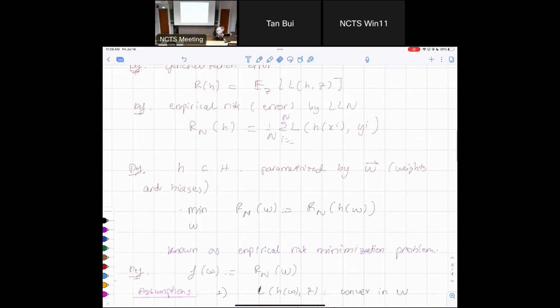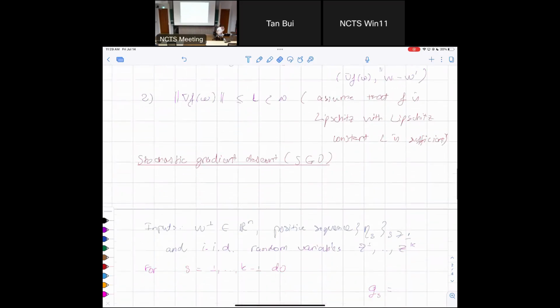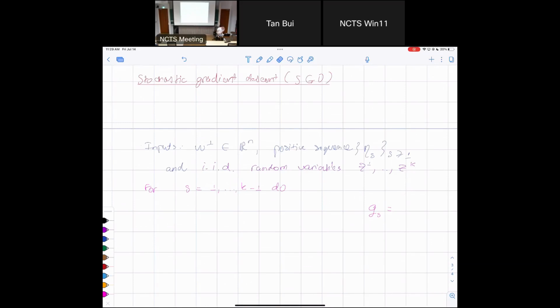We assume the gradient of the loss functions. Remember, the loss function depends on h, which is in turn a function of w. So gs is equal to the gradient of the loss function at hws, and we draw a new symbol gs.